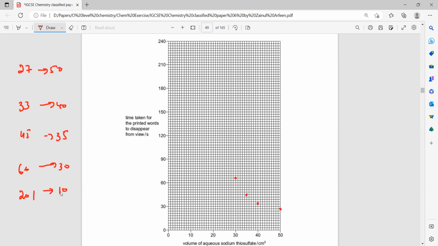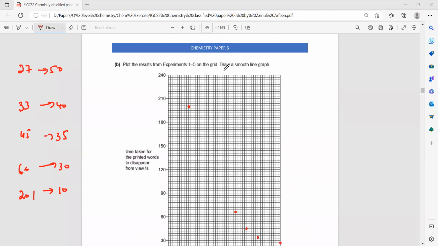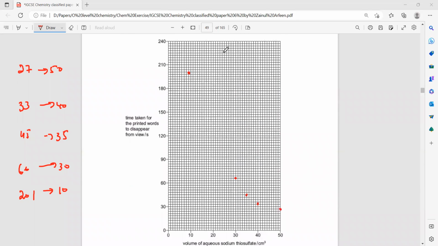And then we have the volume of 10 and 201, so 10 and 201. About 201, somewhere here. So these are the points. From your graph, then we have to draw the smooth line graph, so we have to join these points.